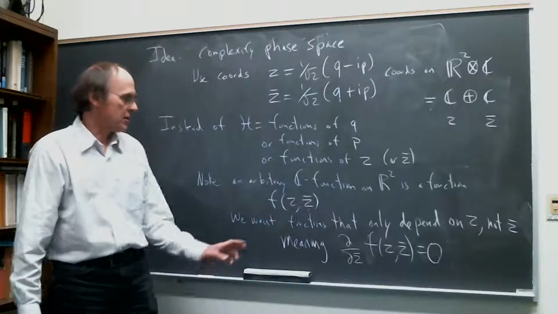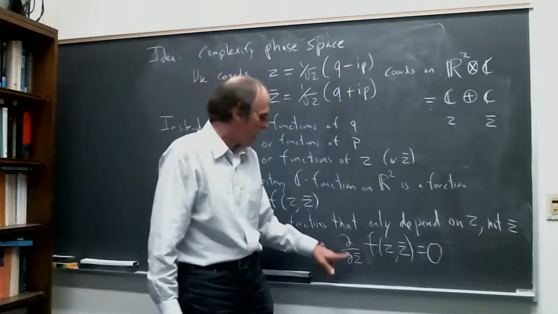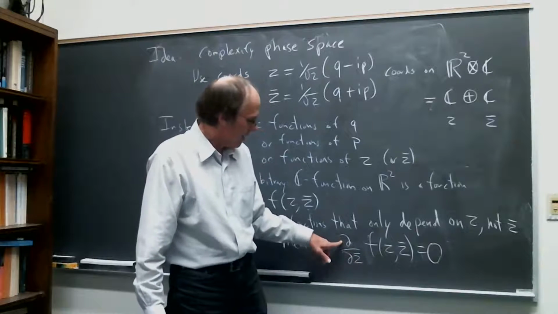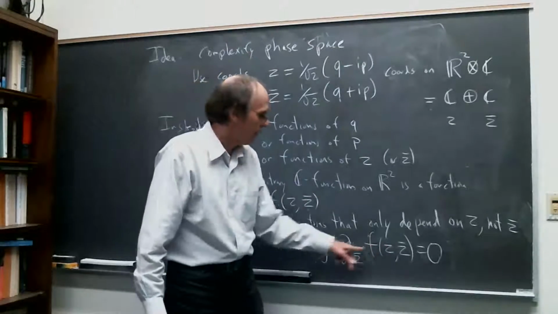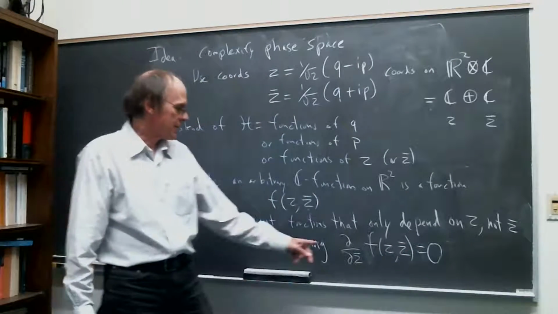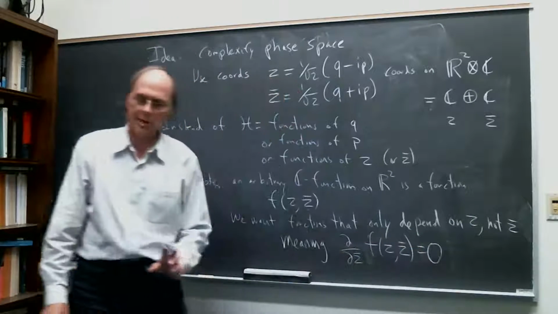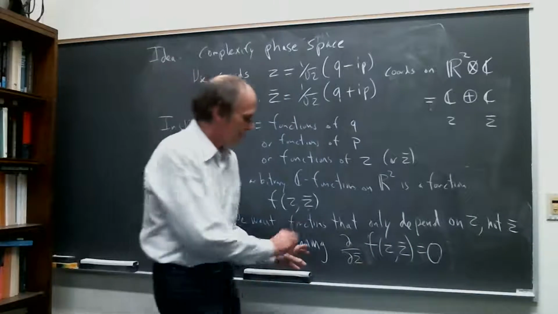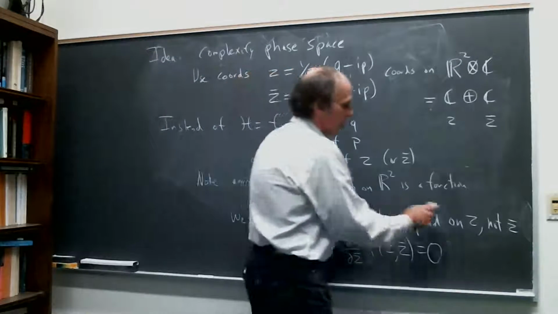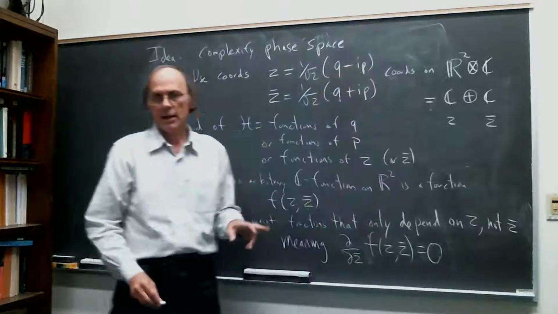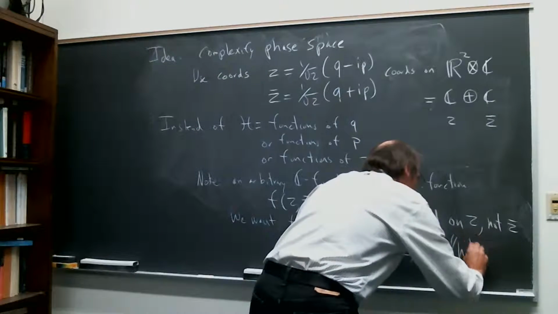This d/dz bar is just d/dx plus i d/dy, and so you can write down this equation. This is going to be a pair of equations. They're called the Cauchy-Riemann equations, and anything which satisfies these equations we think of as only depending on z, not z bar, and the name for it in mathematics is holomorphic.